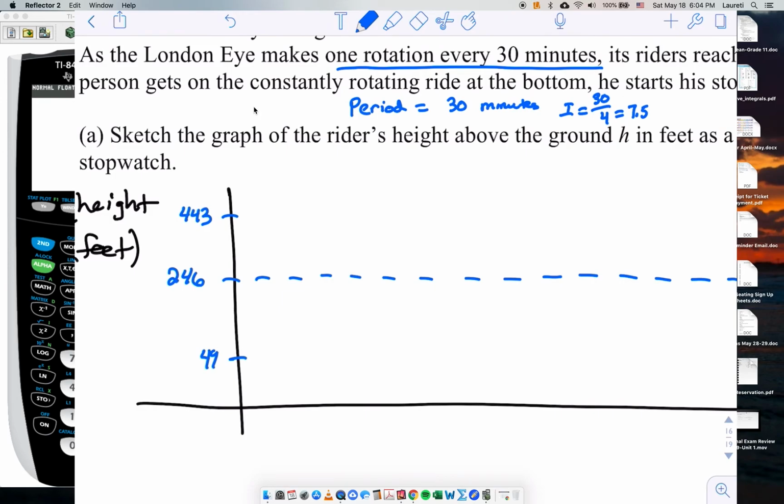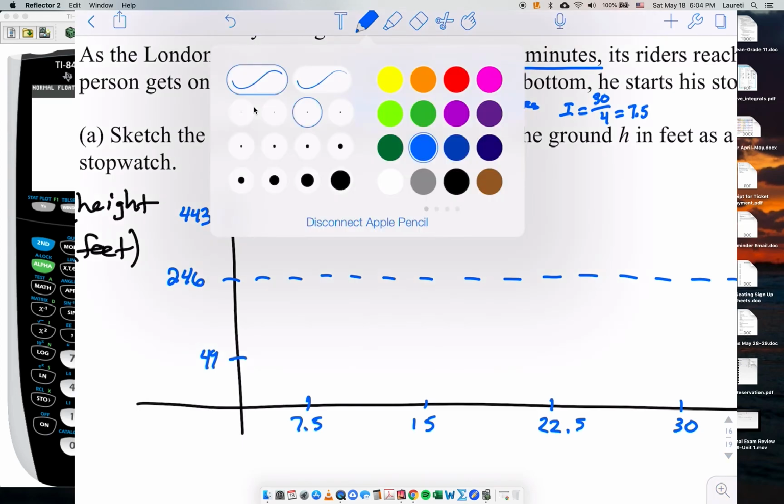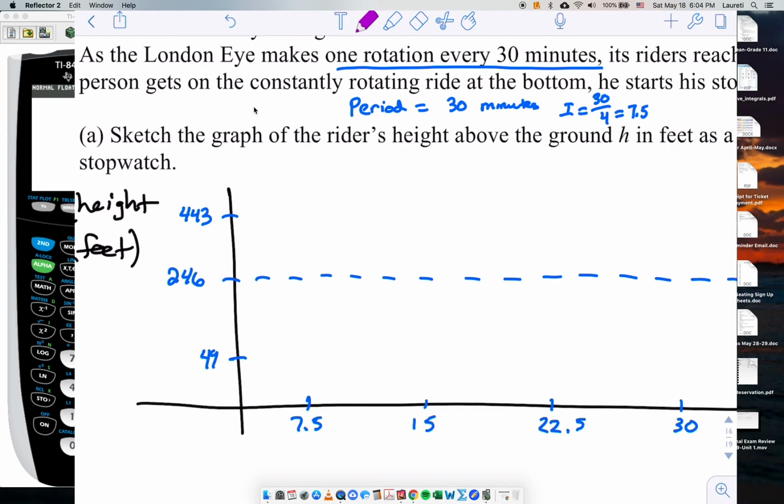So that's just going to help me label my x-axis. So 7.5, 15, 22.5, 30. So low axis, high axis, and low again. So that is one cycle for your Ferris wheel.